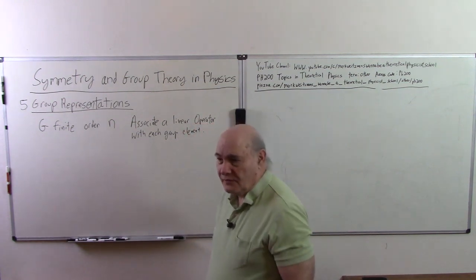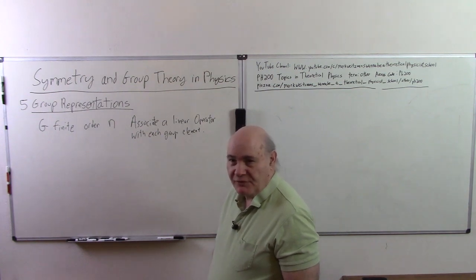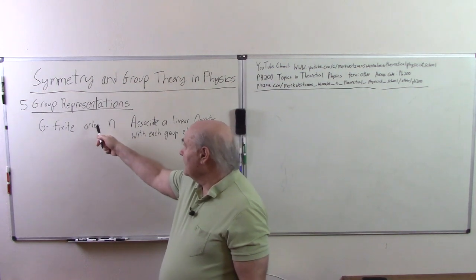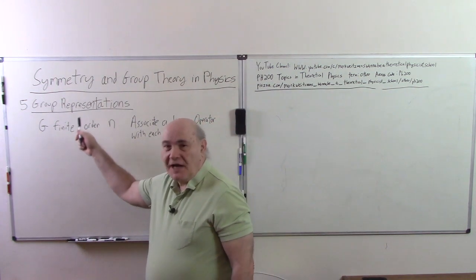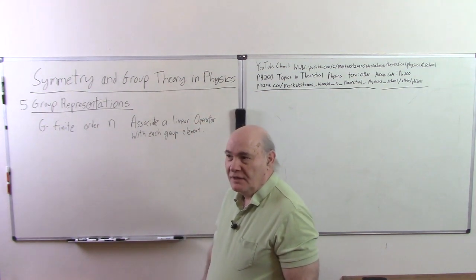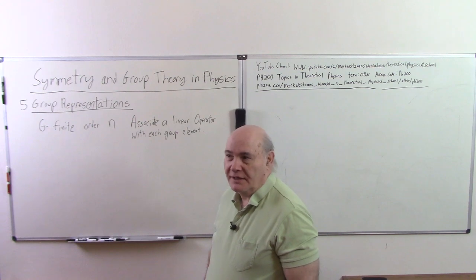Now, since we're dealing with finite groups and finite representations, not only is the group finite here, but I'm going to use operators that are finite dimensional to represent them, like matrices.